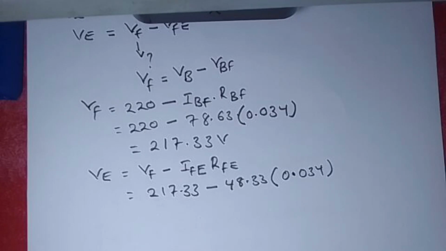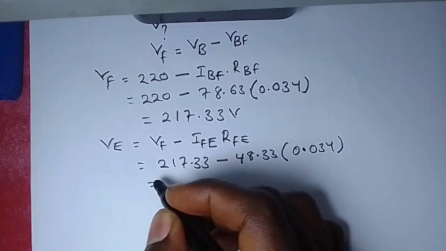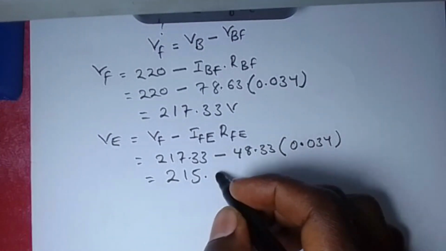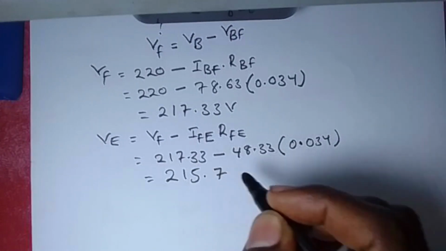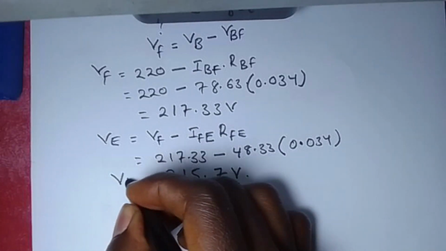So this is going to give me 217.33 minus 48.33 times 0.034. Therefore, that is giving me an answer of 215.686, which can be rounded off to 7 volts as VE.